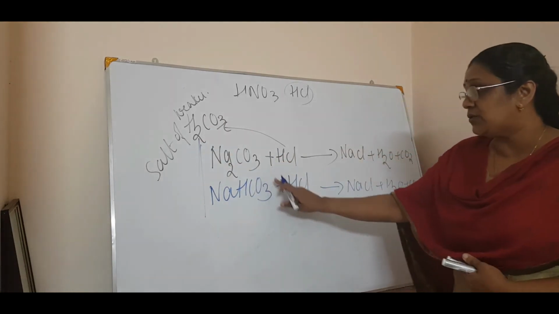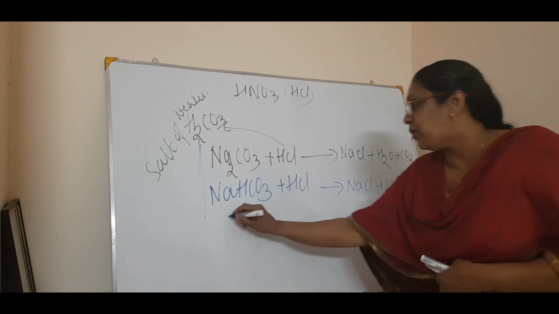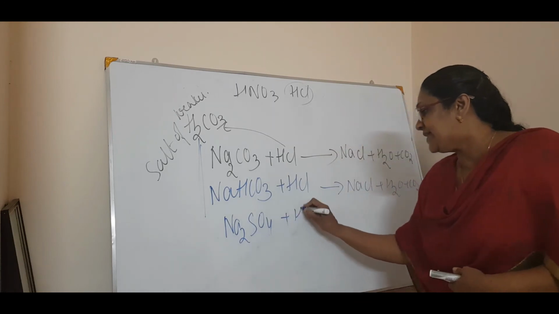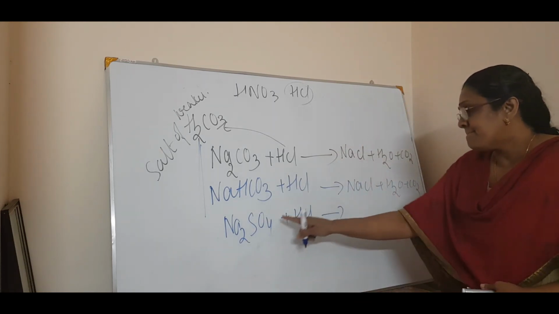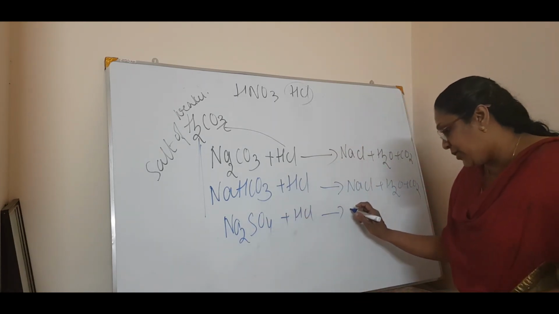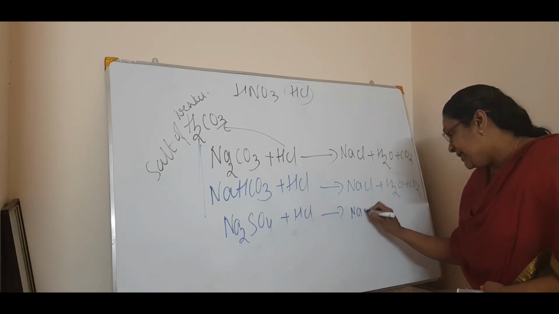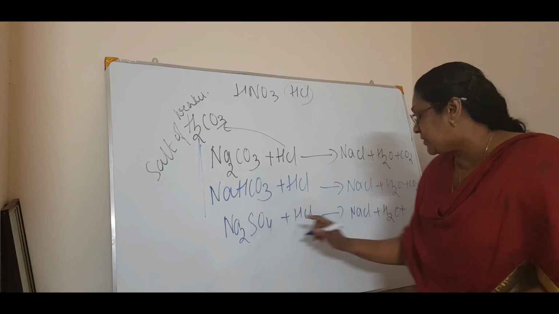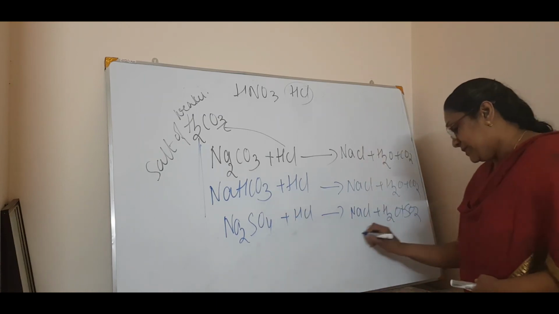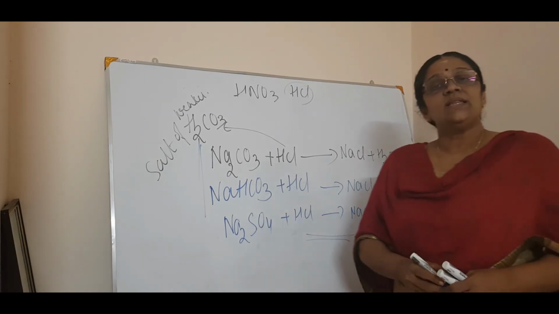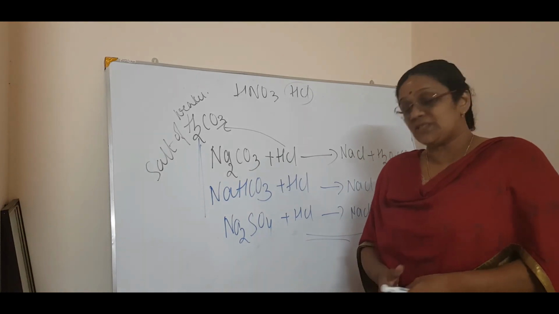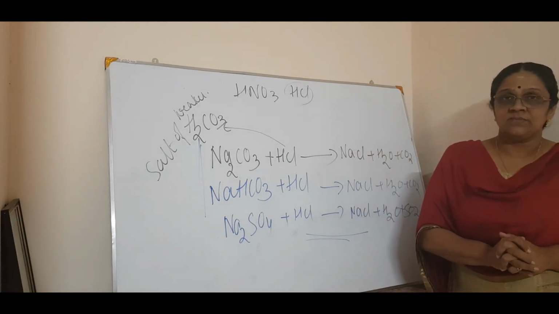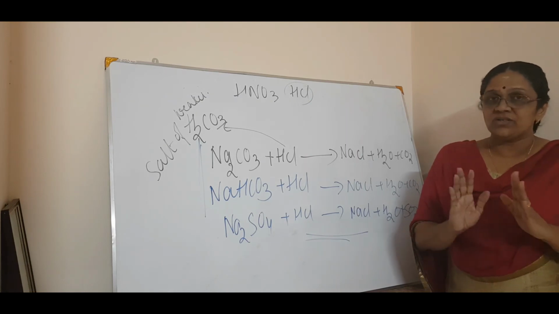So Na2CO3 or NaHCO3, or one more thing I can say, Na2SO4, plus HCl will give you NaCl plus H2O plus, instead of carbon dioxide, you will get sulfur dioxide. So these are the reactions of hydrogen chloride and chlorine. So hope you understood these reactions.